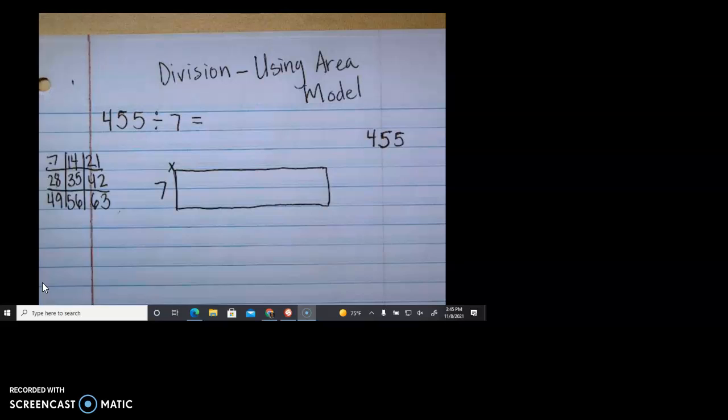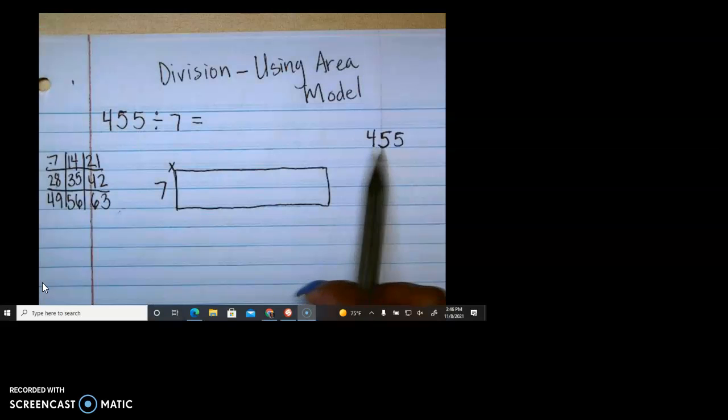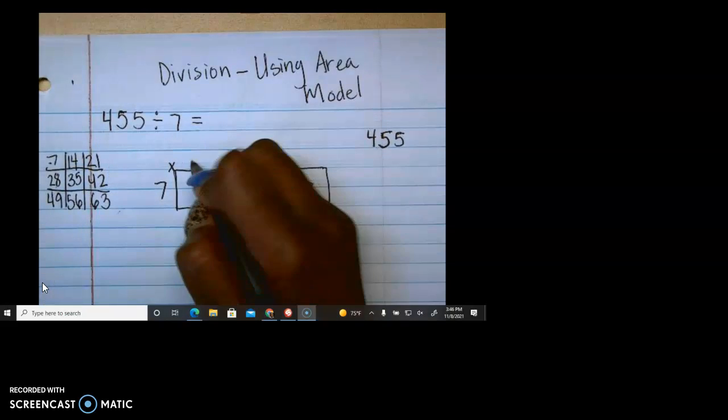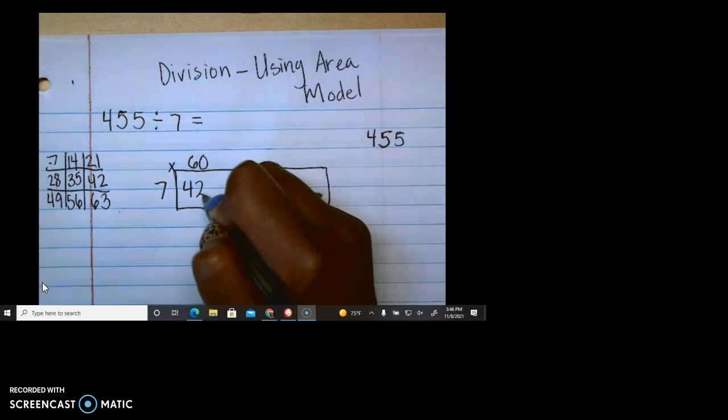So I began to think, well, I see that 7 times something is 42. And I see that at the beginning of this value, 7 times 6 is 42. Well, 7 times 60 is 420.